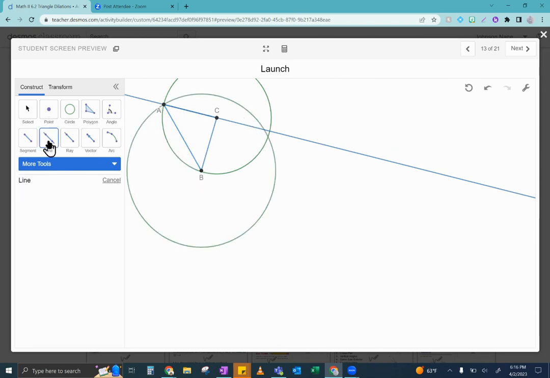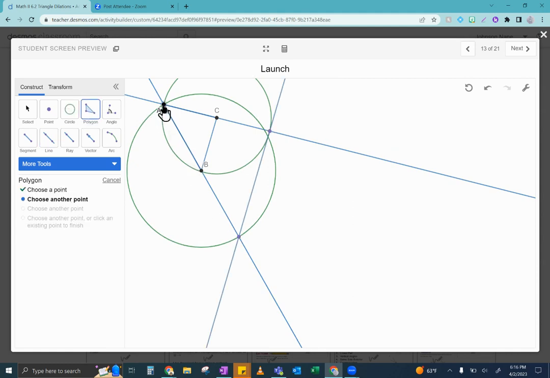No, I do need that. Okay, so I put this here, right? So you see how this one intersects with this one. So we're going to put a point there. Do you see our new triangle?